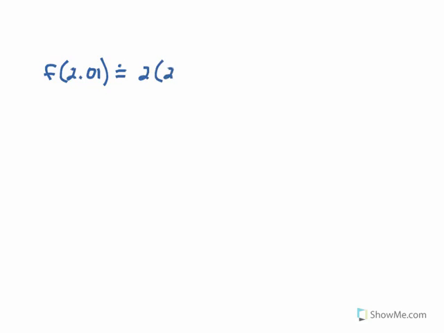So we have 2 times 2.01 minus 1. This is coming from our 2x minus 1 that we had for our linearization equation. Well, that's pretty easy to do by hand, and just do in your head, you get 3.02. So that is our estimation using linearization of the true function value at 2.01.